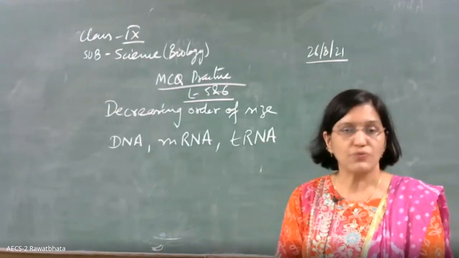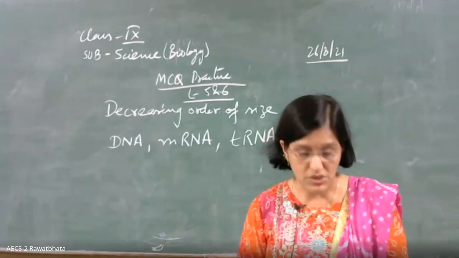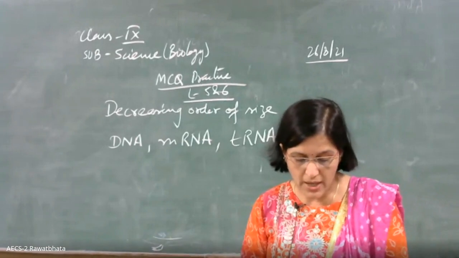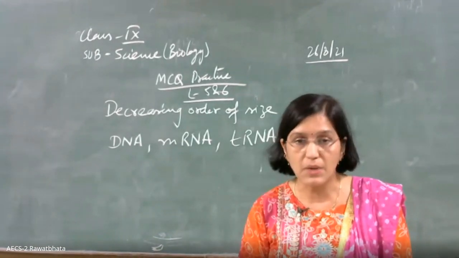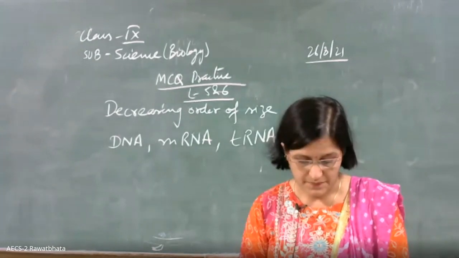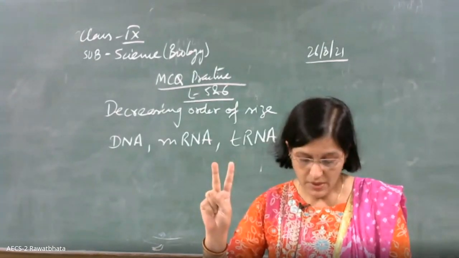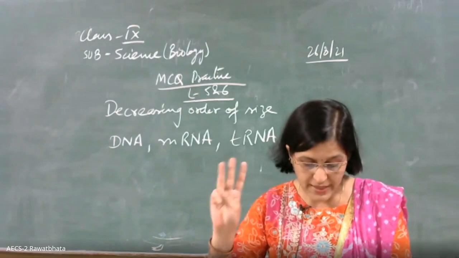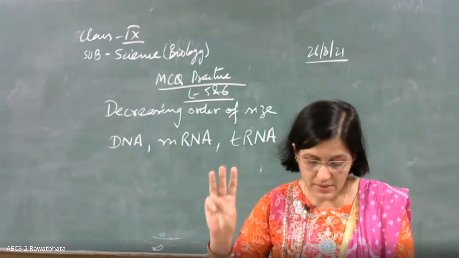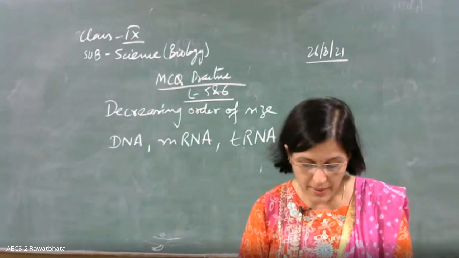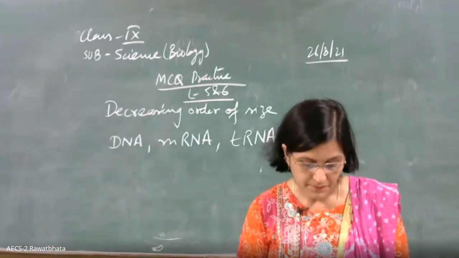Now this question, of course, we have read in our chapter. The question says, mitochondria and chloroplasts are similar because both have nuclei, both have ribosomes, both have DNA, both have a single membrane envelope.